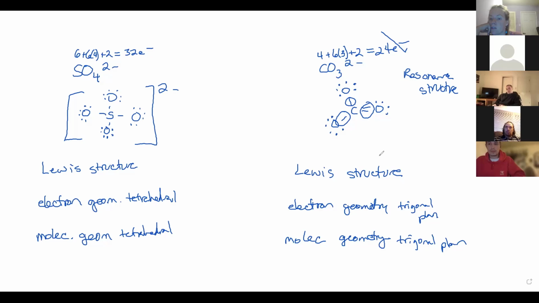Even if it's a resonance structure, even if there's a double bond, as long as there's no lone pairs, it's the same. Any questions on those? No? Okay. So in your labs, when you get to a Lewis dot structure that is a resonance structure, just make a little note, like RS or resonance structure, just so that you get in the habit of identifying if it happens to be a resonance structure, okay?